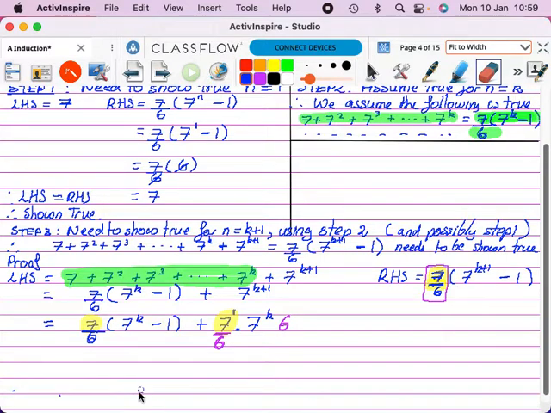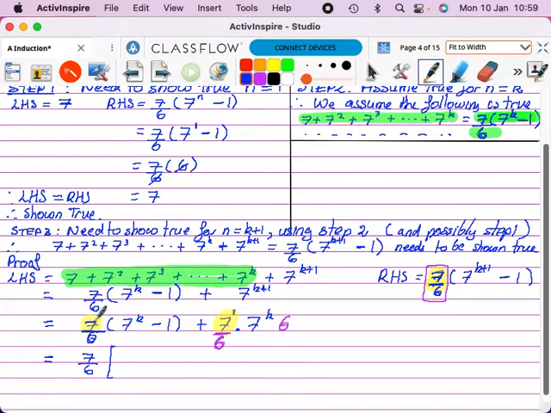By the way, I'm just rubbing that little bit out because you only put that in when you can't go any further. Try and go as far as you can before you put that last line in. Now, what have I got here? Well, I have got a factor. What is the factor? It's 7 over 6. Open up my bracket.